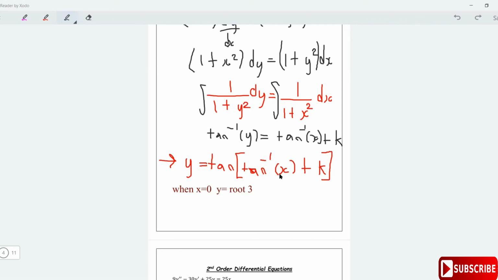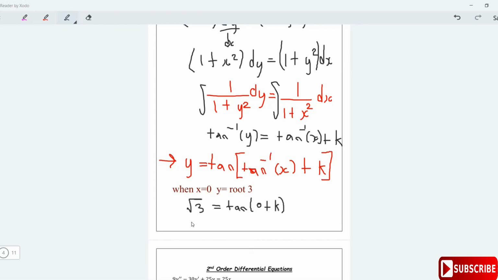The tan inverse of 0 is 0. So since we know when x is 0, y is root 3, we end up with root 3 equal to the tan of, in brackets, tan inverse of x, which is 0, plus k. So this is what we'll get, 0 plus k.